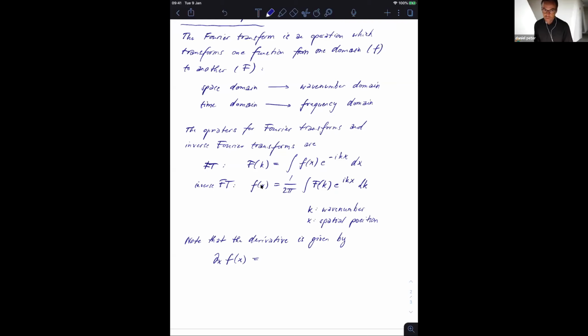If you look at the above expressions for the Fourier transform, the derivative is basically 1 over 2 pi, the integral of ik times F of k times e to the ikx dk.